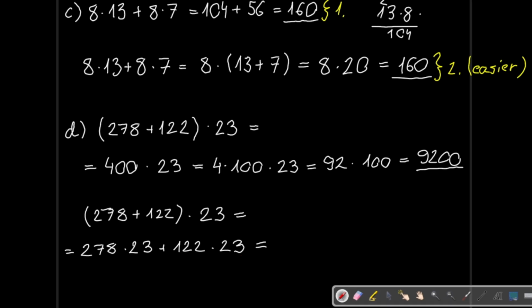So the first one, 278 times 23, we need to do the column multiplication here. There's just no other way. So 3 times 8 is 24. 3 times 7, 21, 23. 3 times 2, 6, 8.